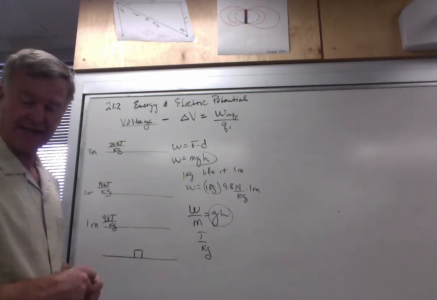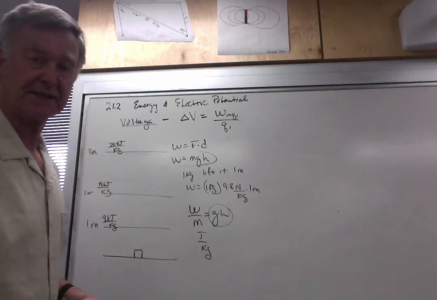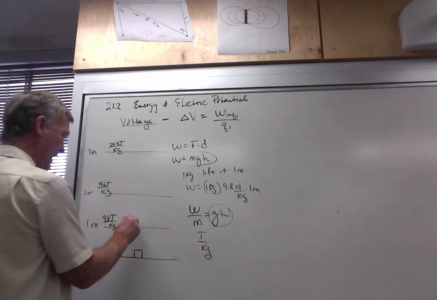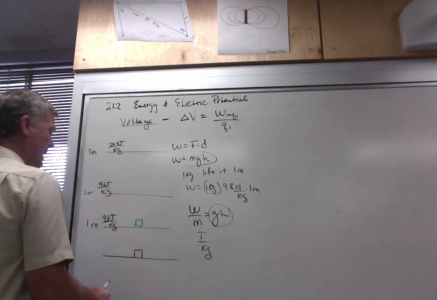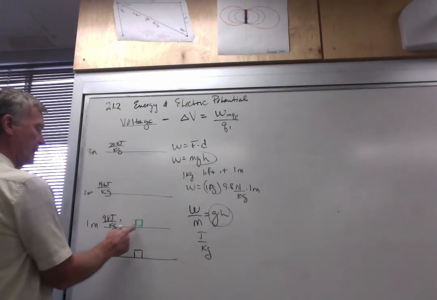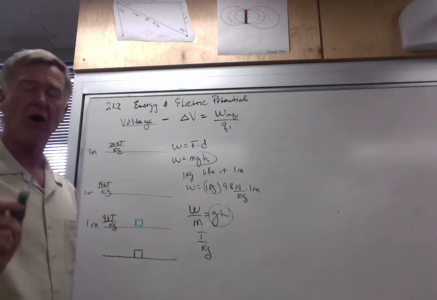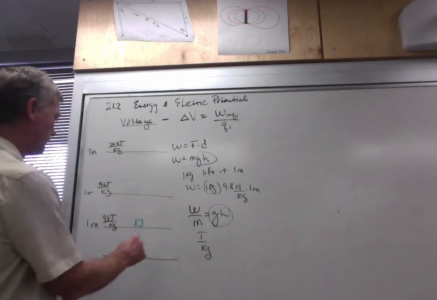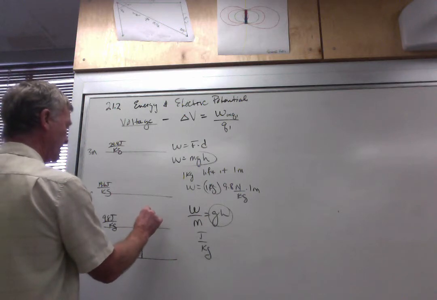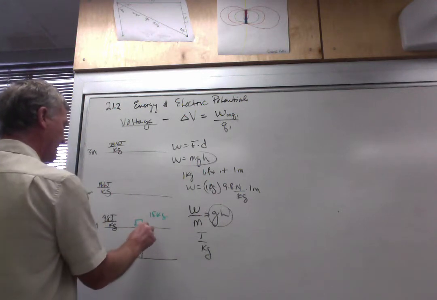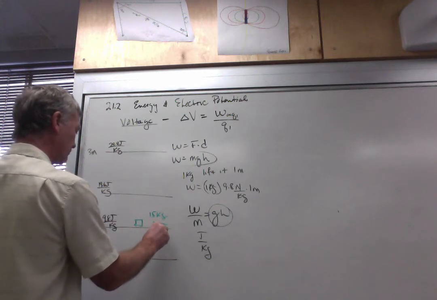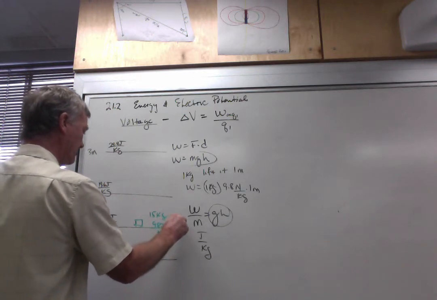So if I was to put an object here now, and I was to say, how much work is this going to do when it falls? All you need to do is tell me how many kilograms it is. So if I said this is a 15 kilogram object, then the amount of work that was done is 9.8 joules per kilogram times 15 kilograms.